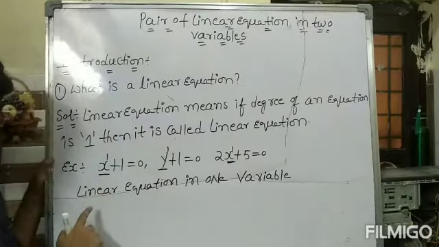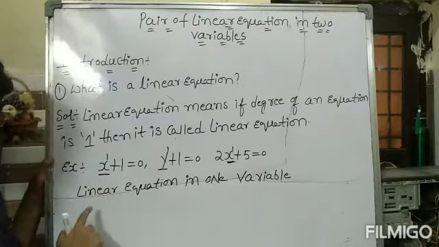This total is called a pair of linear equations in two variables, that is LETV. Here 2x is a1x, 3y is b1y, minus 5 is c1, 3x is a2x, 4y is b2y, and minus 6 is c2, equal to 0.